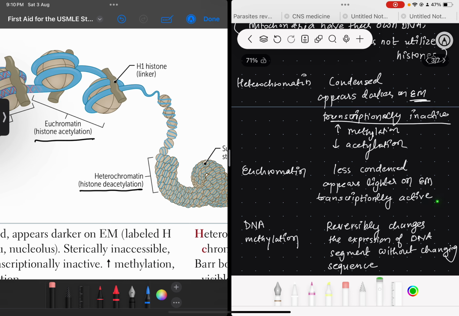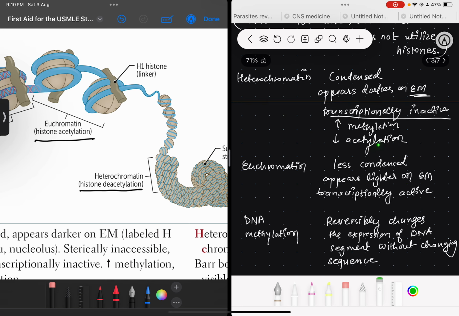And euchromatin is transcriptionally active.